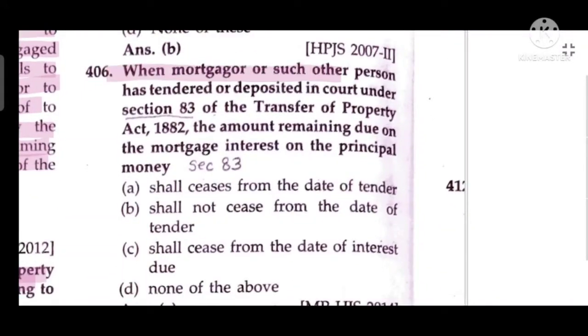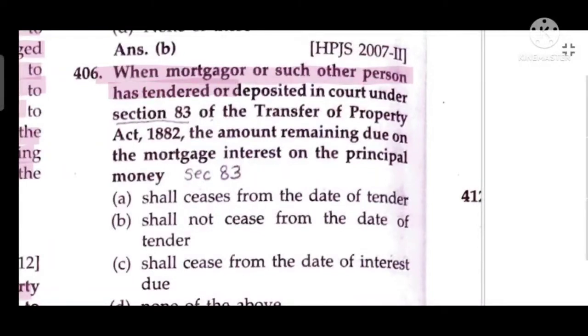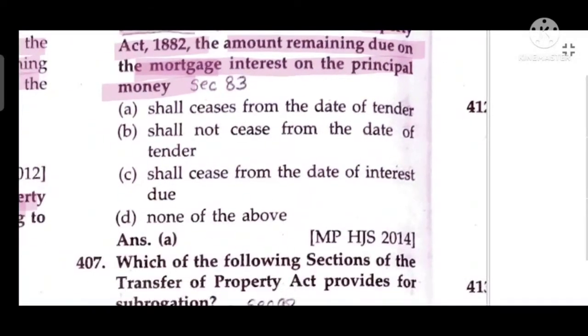When the mortgagor or such other person has tendered or deposited in court under Section 83 of the Transfer of Property Act 1882 the amount remaining due, the mortgage interest on the principal money shall cease from the date of tender.